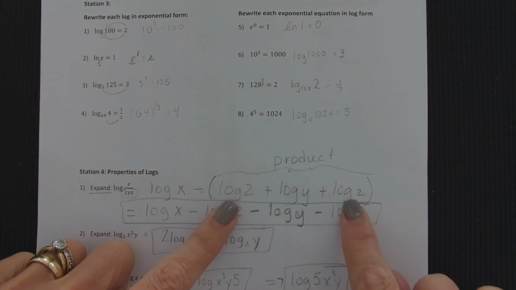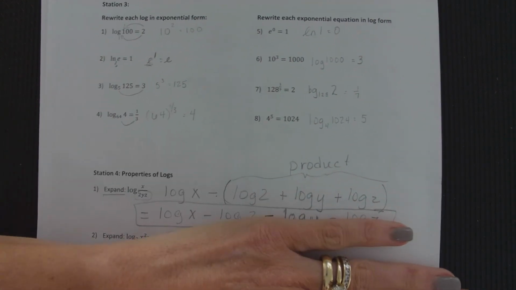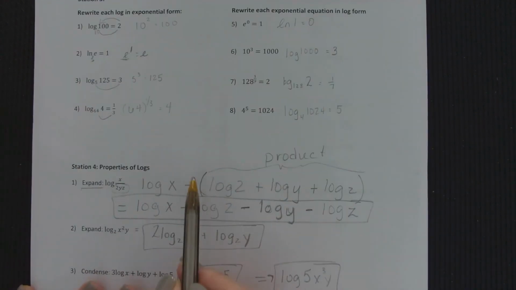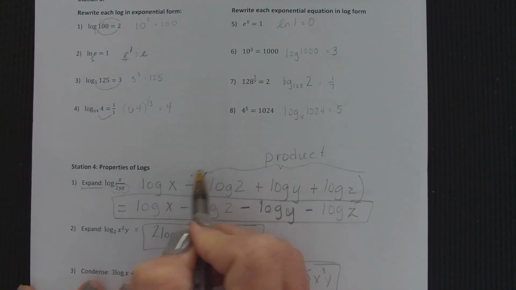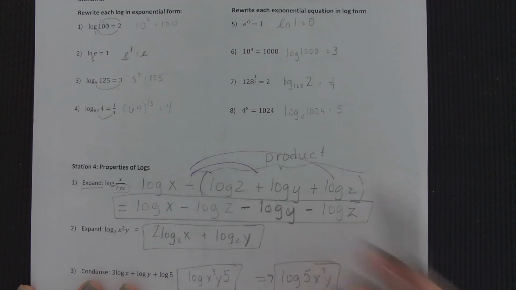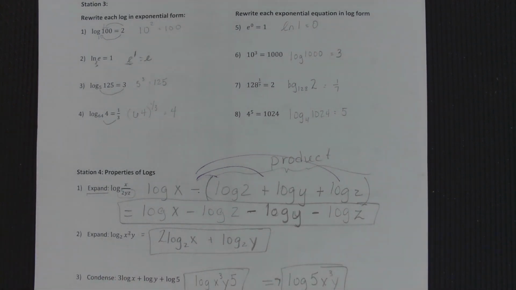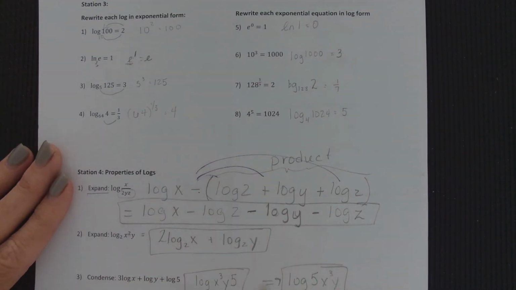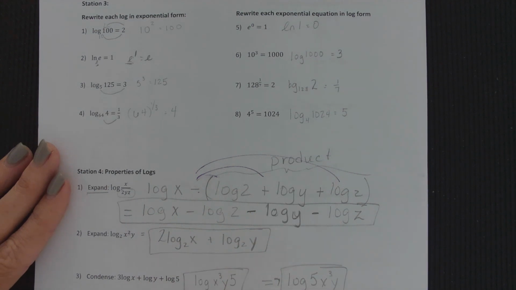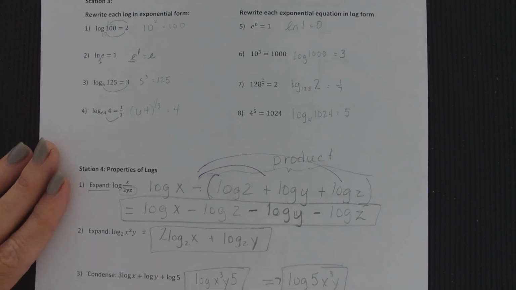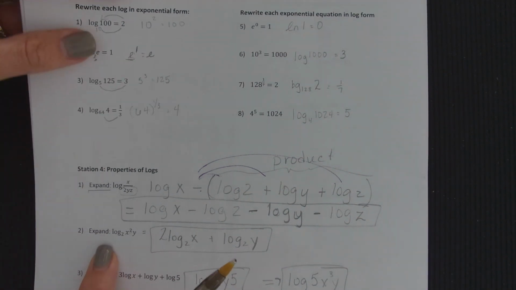You add them. Okay, so here's that. And then you have to distribute this negative. So this one is 2 rules. We are going to touch up on this after we go over this, okay? Because our next lesson does review this. So let's look at number 2.